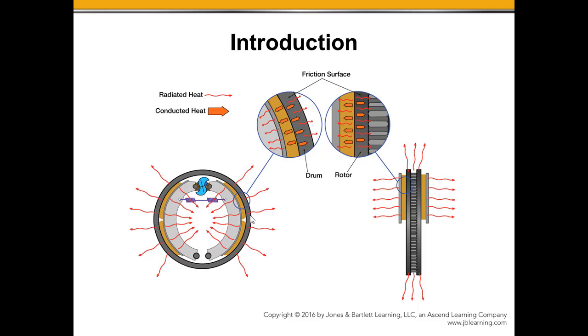We need that temperature differential so the heat is conducted from the shoes into the drum, then out into the atmosphere. As these components get hotter and hotter, we get less of a temperature differential between the two components, less heat transfer, reducing our braking efficiency.